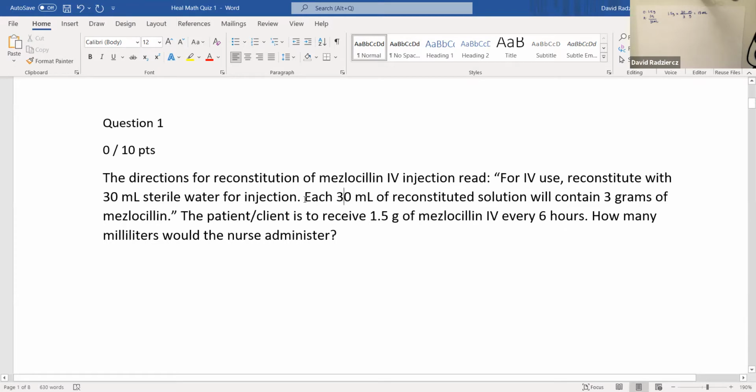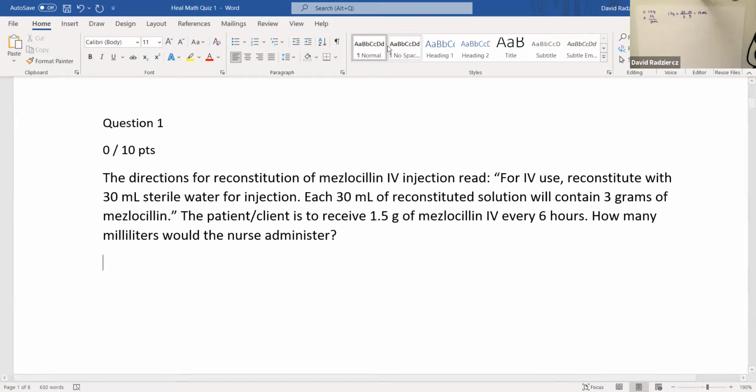Each 30 milliliters of reconstituted solution will contain 3 grams. That's an important piece of information. That tells me my relationship between grams and milliliters: 3 grams for every 30 milliliters. The patient client has received 1.5 grams of meslocillin IV every 6 hours. How many milliliters would the nurse administer?